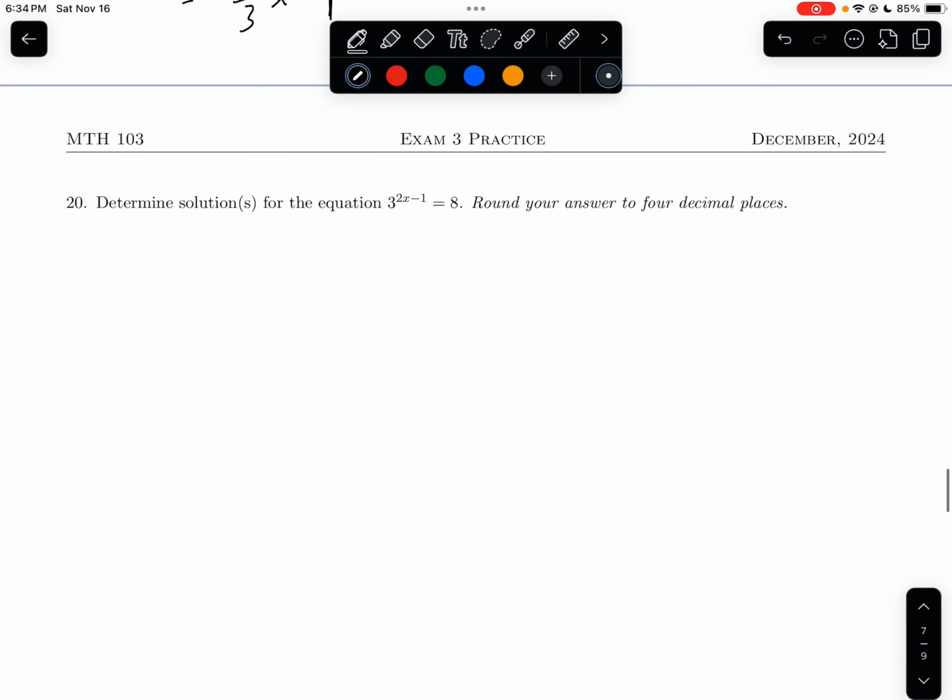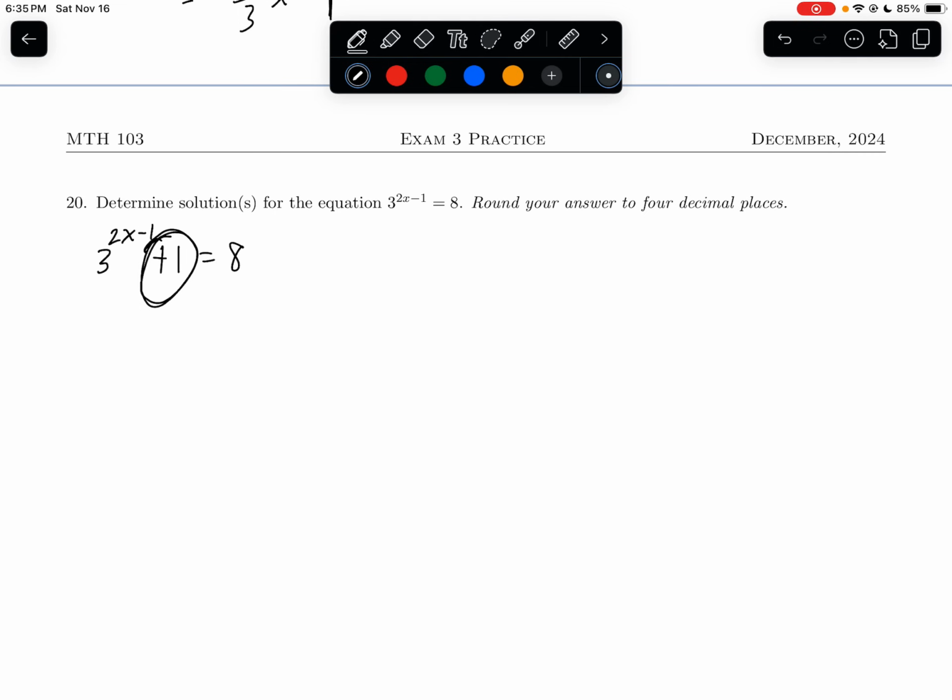Okay, determine solutions for this equation. So what you need to spot first is that this cannot really be simplified. For instance, if we had something like 3 to the 2x minus 1 plus 1 equals 8, obviously this is not the question, but because there's a plus 1 here, we have to simplify this a little bit.